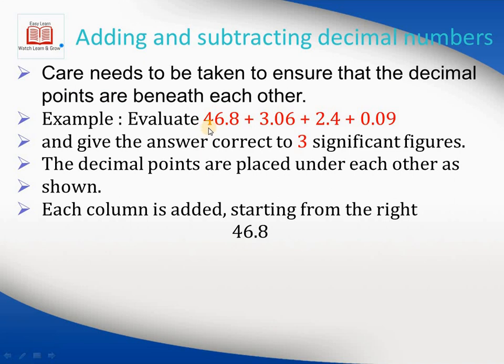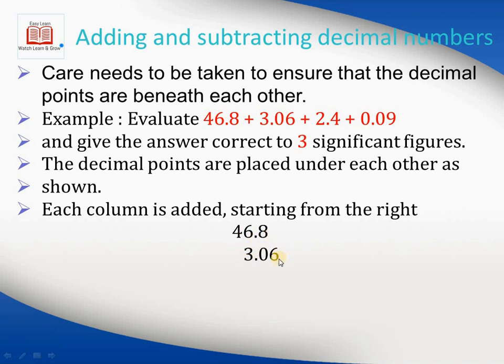For example, the first decimal number is 46.8. Now 3.06. Remember that we don't make a mistake at the start. Don't start writing from under this 4, write the 3 so that you focus on the decimal point.